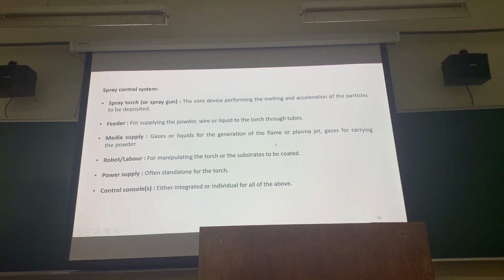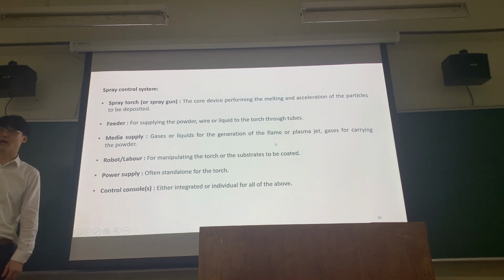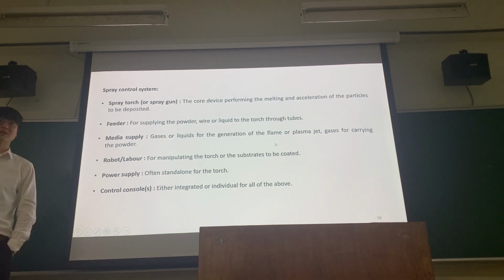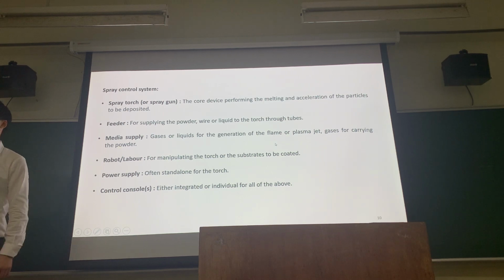The last is the power supply, which is the most important thing to have total control. It's best if you have sufficient power energy to control. And lastly, the control console, where you control your process parameters. So these are all the key things if you're designing a spray system. All of these you need to consider. Does that make sense to you guys?